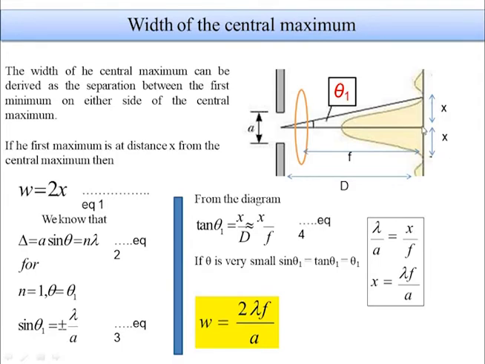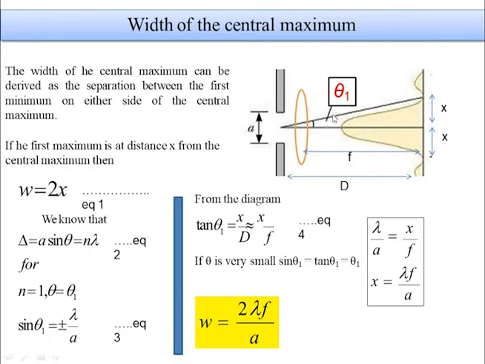And we assume that the distance from the center of the screen to the first minima is x, towards the top and bottom. And we already know the expression for path difference: a sine theta is equal to n lambda. And if you put theta equal to theta 1, sine theta 1 is equal to lambda by a.